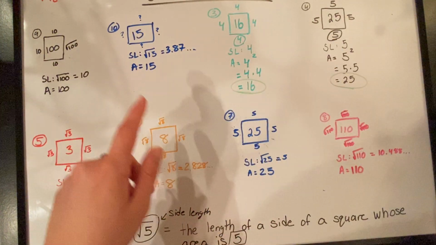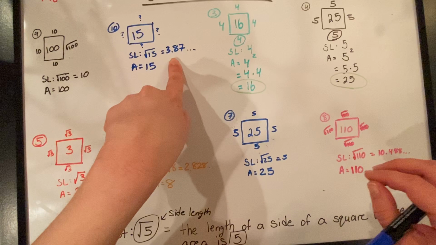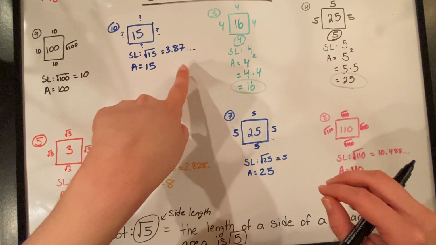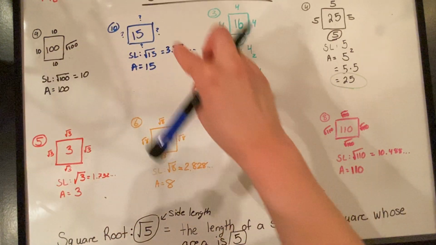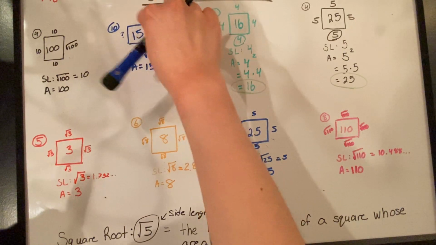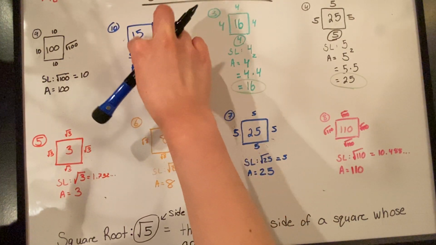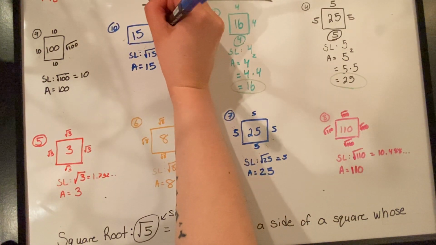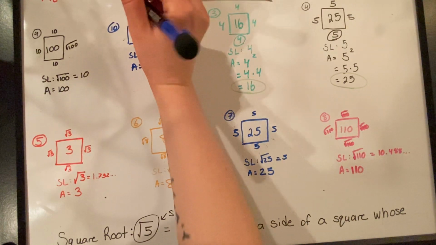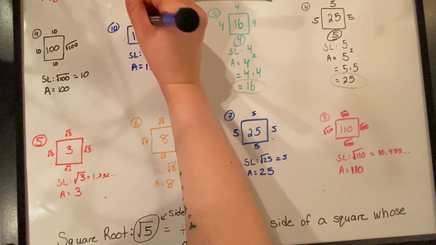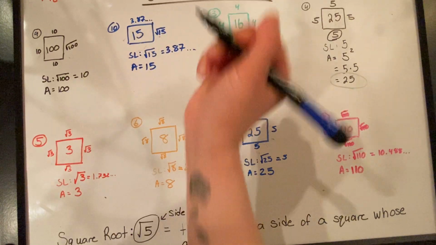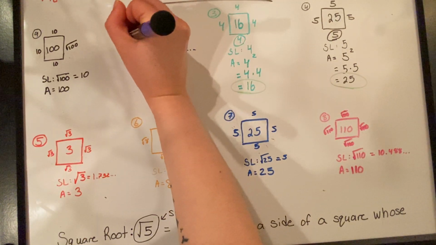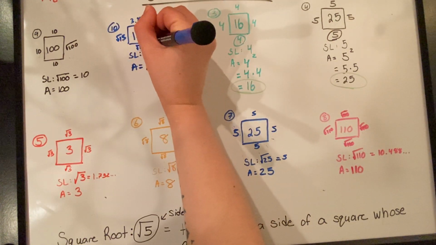So this side length is about 3.87 units, but I'm not gonna write 3.87 on each side, so I can just write square root of 15. So you could write square root of 15. You could write 3.87 dot dot dot. It equals the same thing.